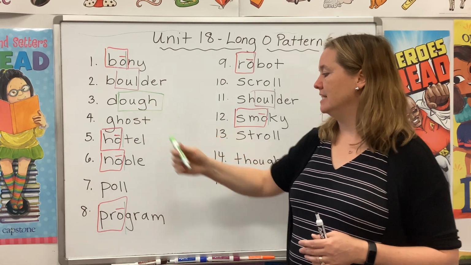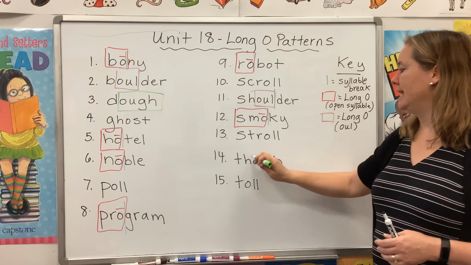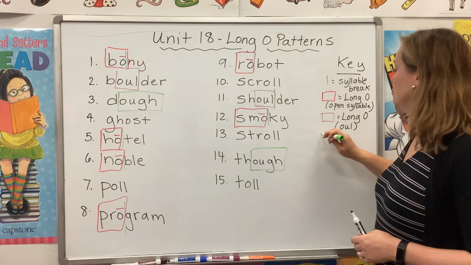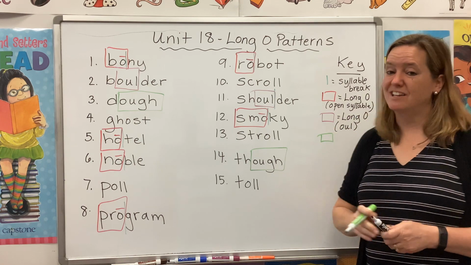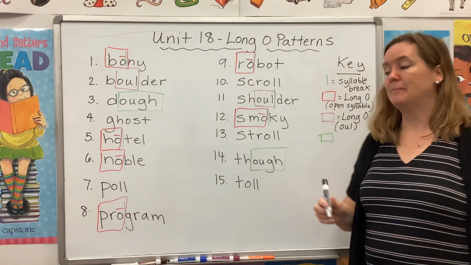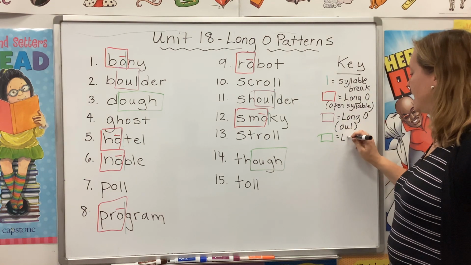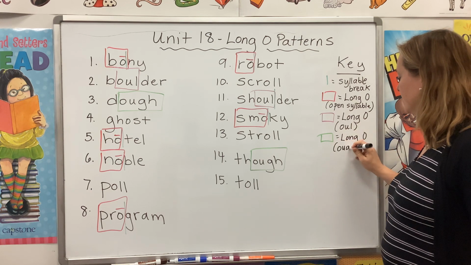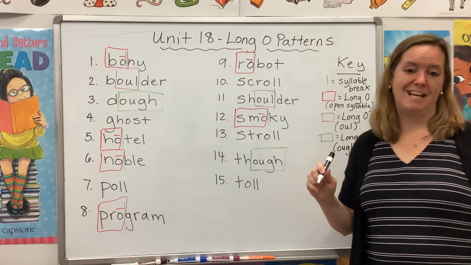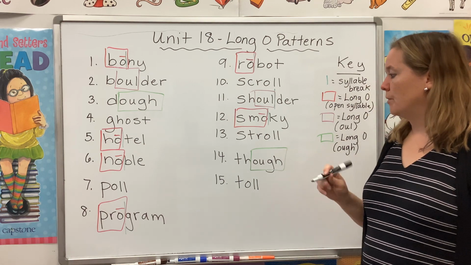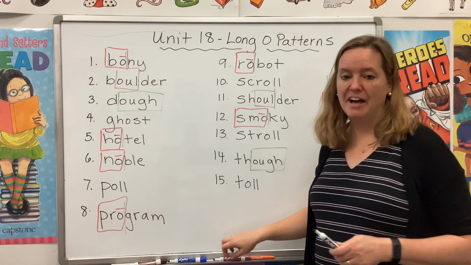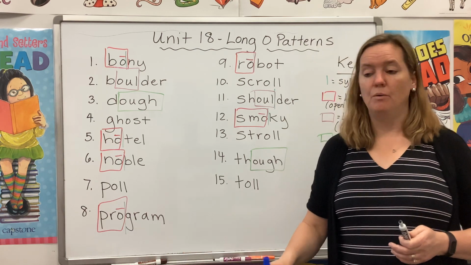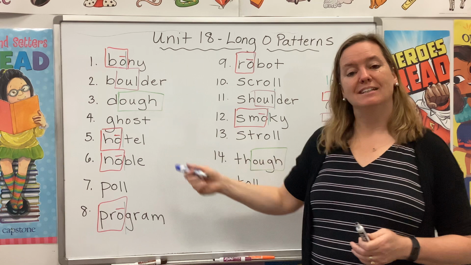We see that in dough and though, okay? So those are 2 words that you're just gonna have to memorize, but they're both going to have a long O sound because of O-U-G-H.